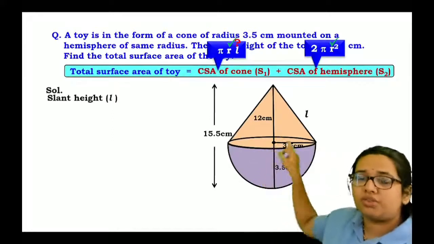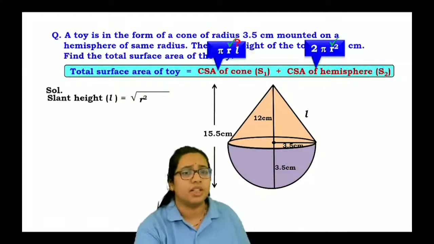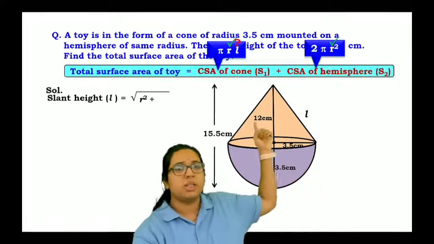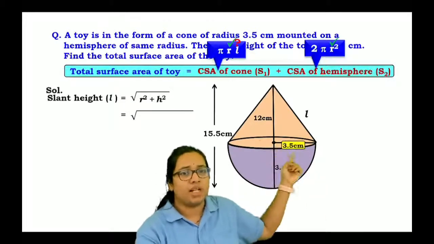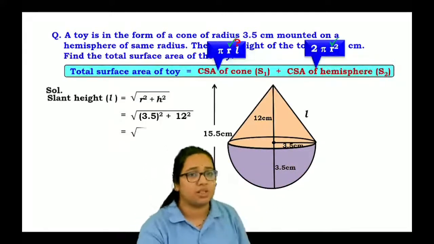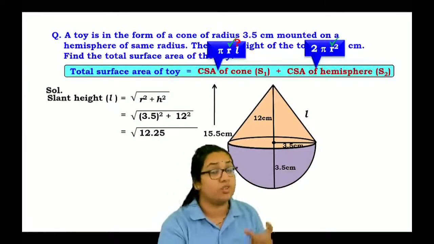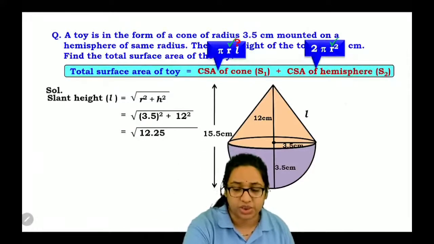So you just have to solve for the L, and slant height is nothing but root of r square plus h square, but r is nothing but 3.5 square and h is nothing but 12 square. So how you will find out the value for 3.5 square? Already we have done this in the previous section.